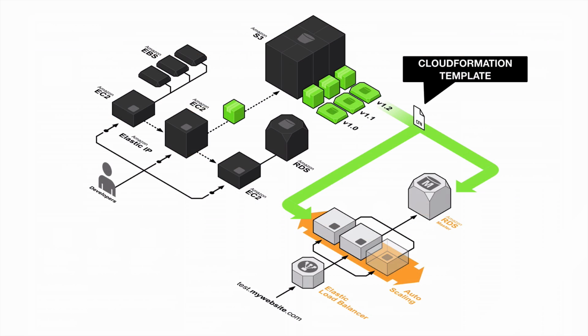And what we see with customers that have evolved this is they'll often have a CI/CD system which is creating CloudFormation templates at the end of their build process. And those CloudFormation templates are used then to build and deploy versions of their application and corresponding versions of the AWS infrastructure that supports the application that they've built.